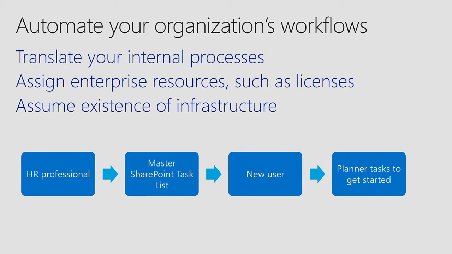Okay, another example. We hire someone. A new employee comes into your company. The HR professional then has a list of things that they need to do for that user in SharePoint, and they just manually walk that down and do those tasks, right? Someone over in IT creates the user in Active Directory, and then the HR professional goes into Planner.